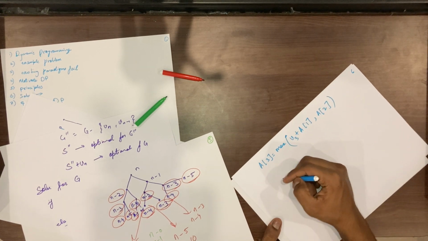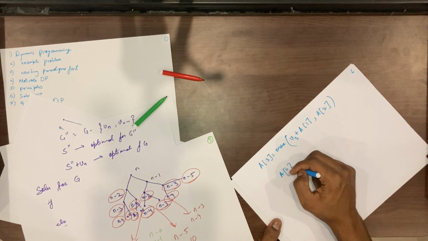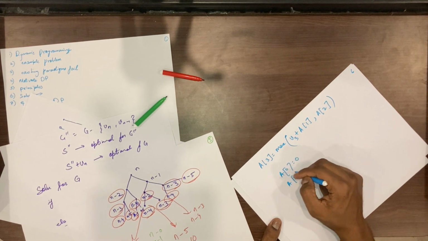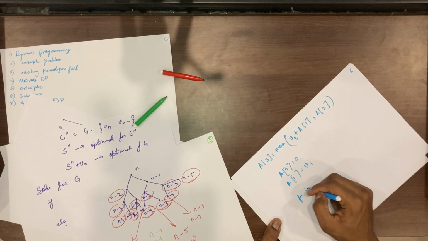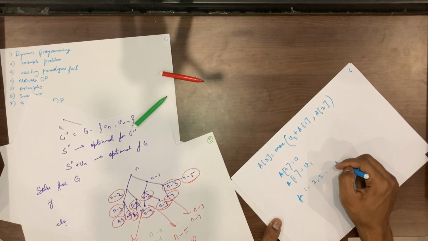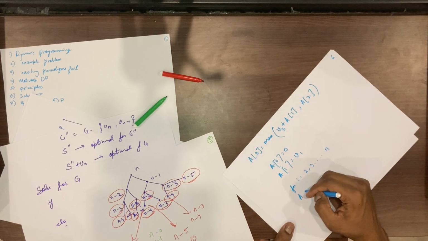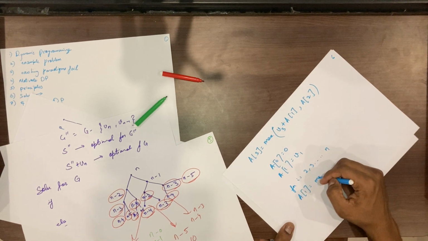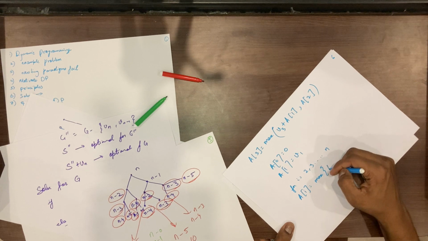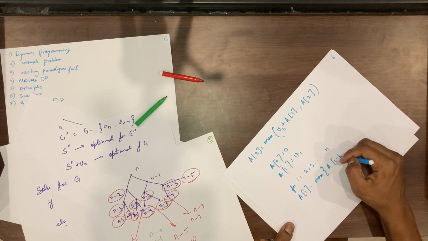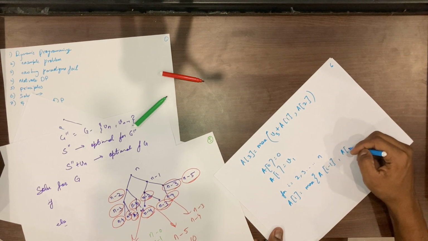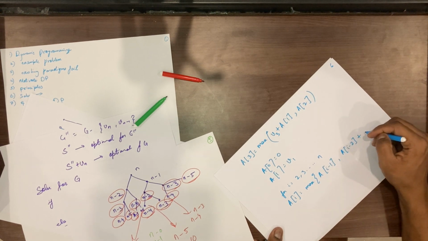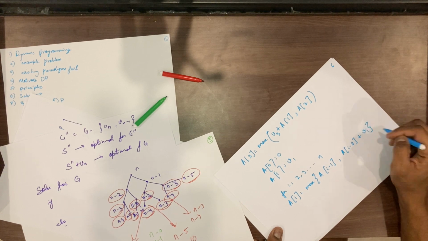So if I'm going to write it in a for loop fashion, A of 0 was 0, A of 1 was v1, and for i going from 2, 3 up to n, A of i will be the maximum of A of i minus 1, or A of i minus 2 plus, say with me, v of i.